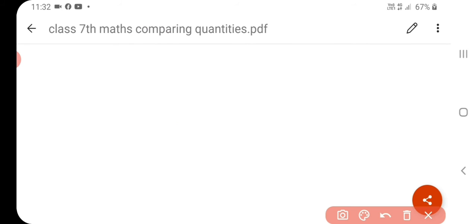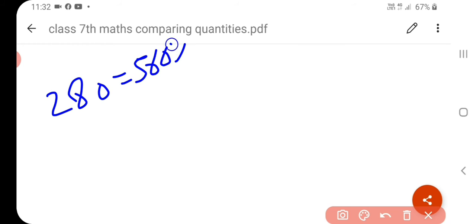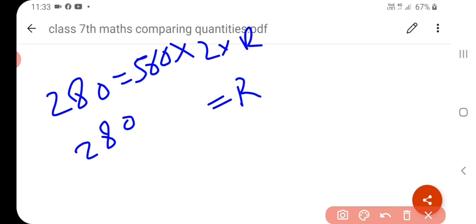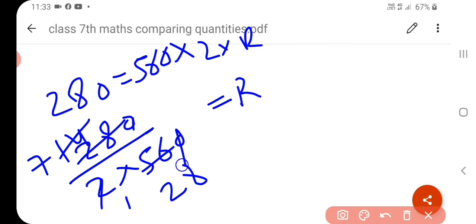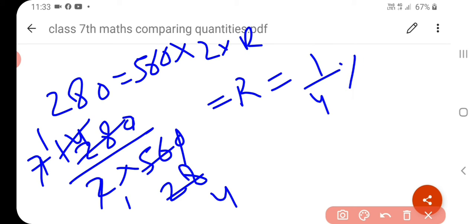See here, 280 is equal to 560 into 2 into R. So if we want to find R, then R is 280 upon 2 into 560. 2 ones are 2. Now 2 sevens are 14, 2 twos are 4, 2 eights are 16, 7 ones are 7, 7 fours are 28. So your answer is 1/4%.